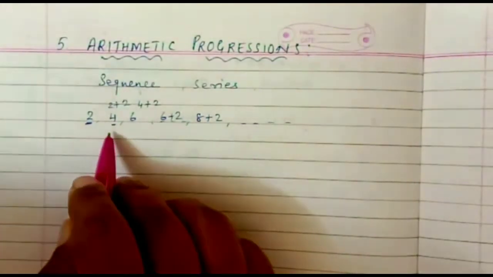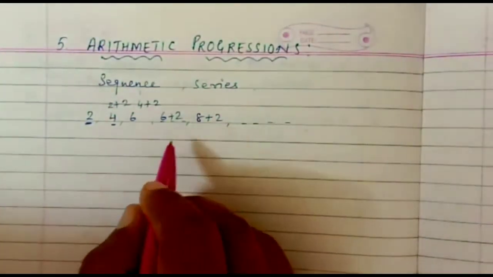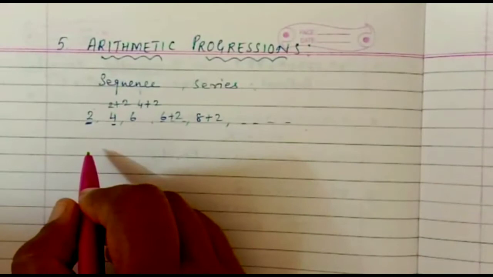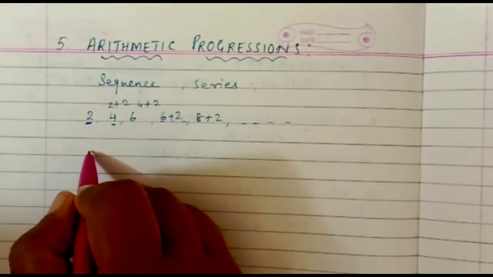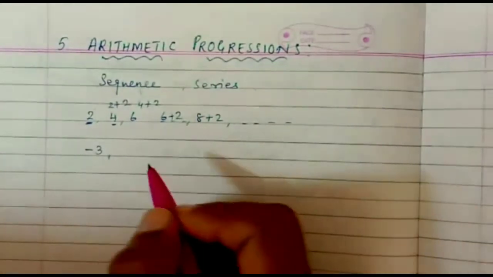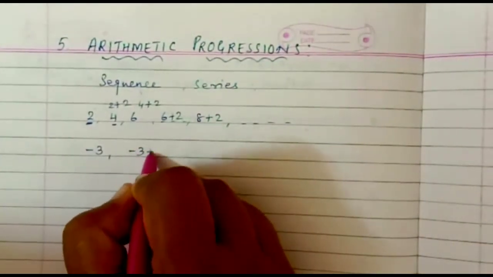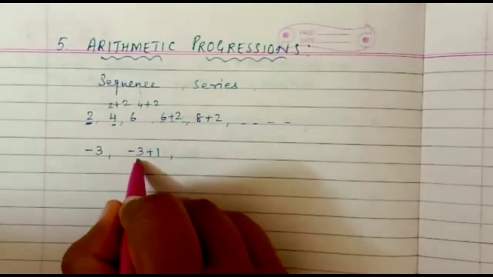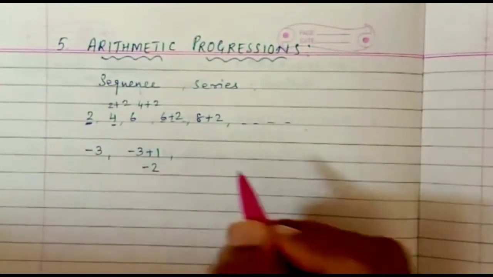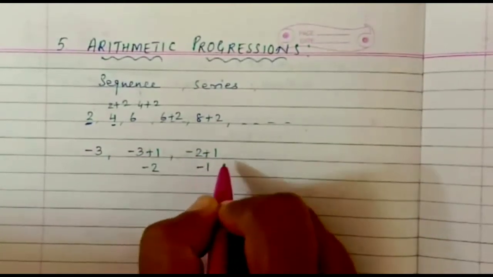Now it's not necessary that an arithmetic progression is always in the increasing form. It can be in the decreasing form also. For example, if you have minus 3 as the first number, and you keep on adding plus 1 to it, the second number will be minus 3 plus 1, which is minus 2. The next number will be minus 2 plus 1, which is minus 1.